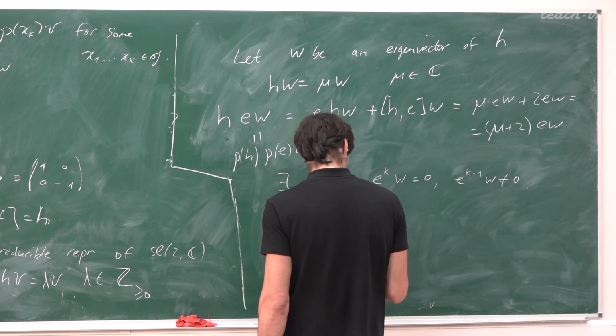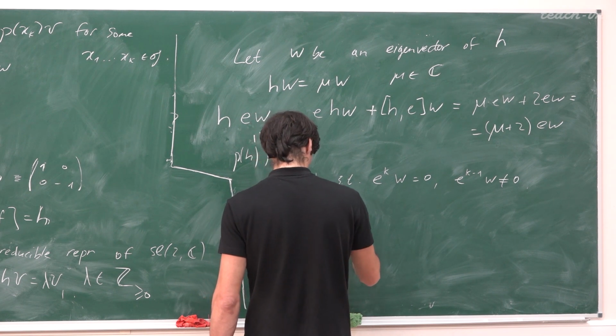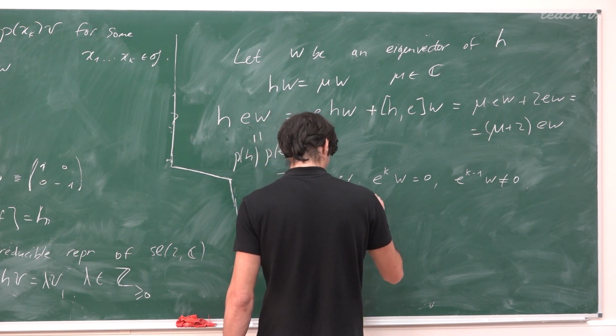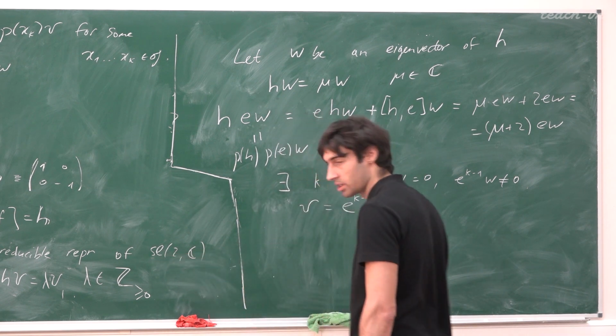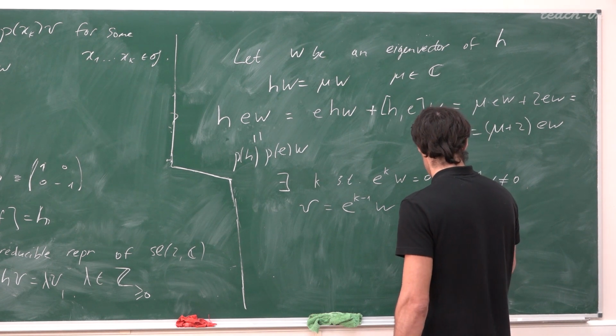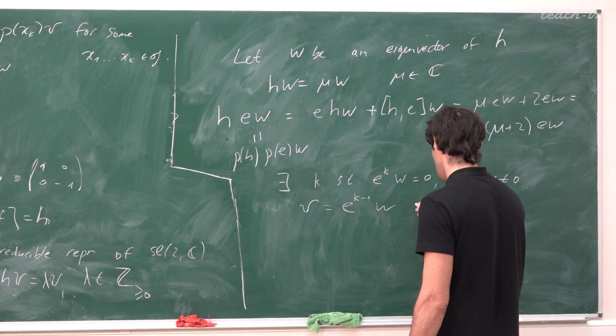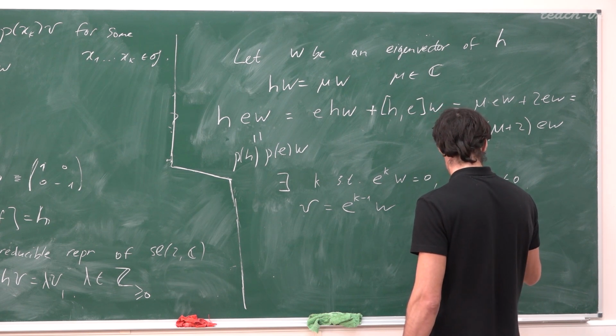So let me take this one and denote it as v, e to the k minus 1 w. So this is my vector that I'm looking for. So it is non-zero, and EV is 0.